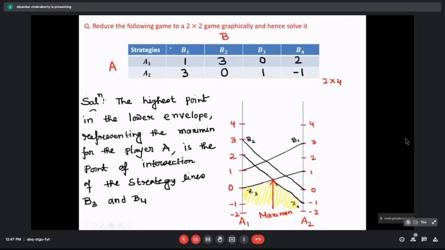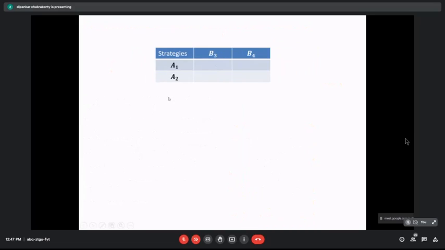So hence the reduced 2x2 game is what? The strategies will be B3 and B4 for player B, and for player A, it will remain A1 and A2.